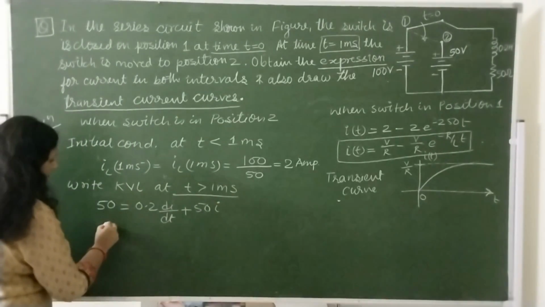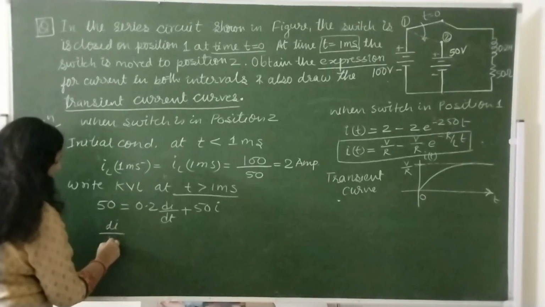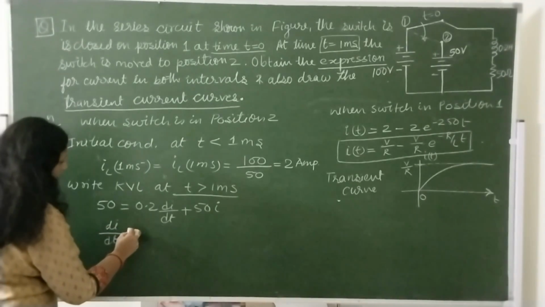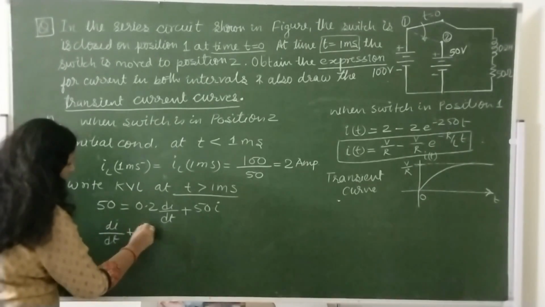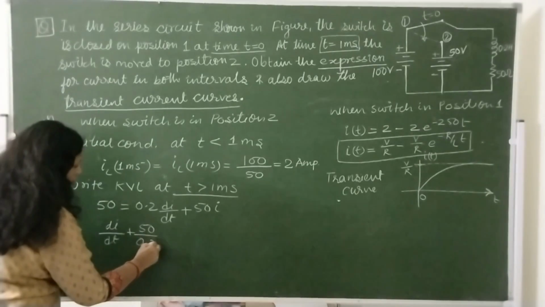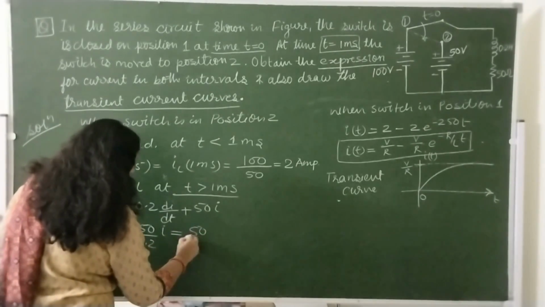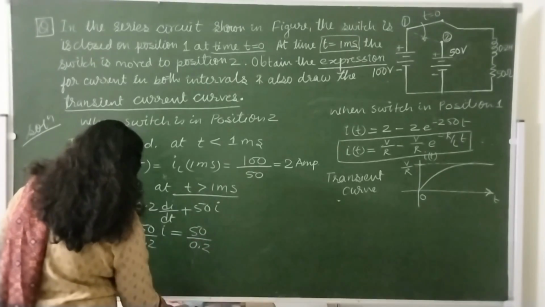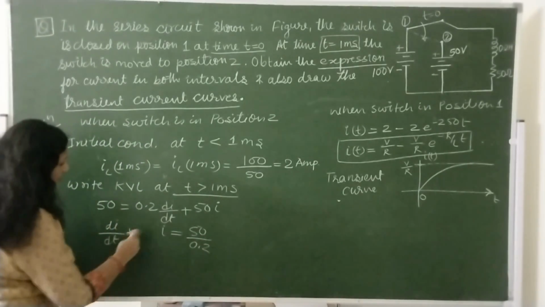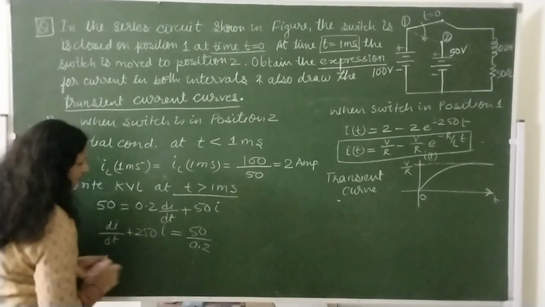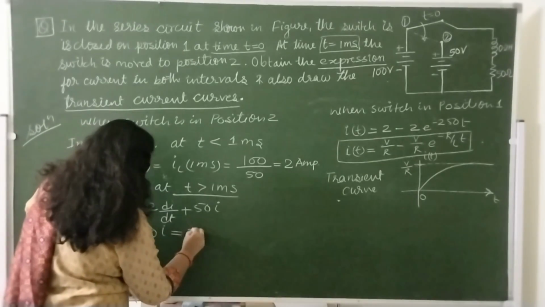Now we can write this as di by dt plus 50 divided by 0.2 times I is equal to 50 divided by 0.2. This will become 250 and this is also 250.